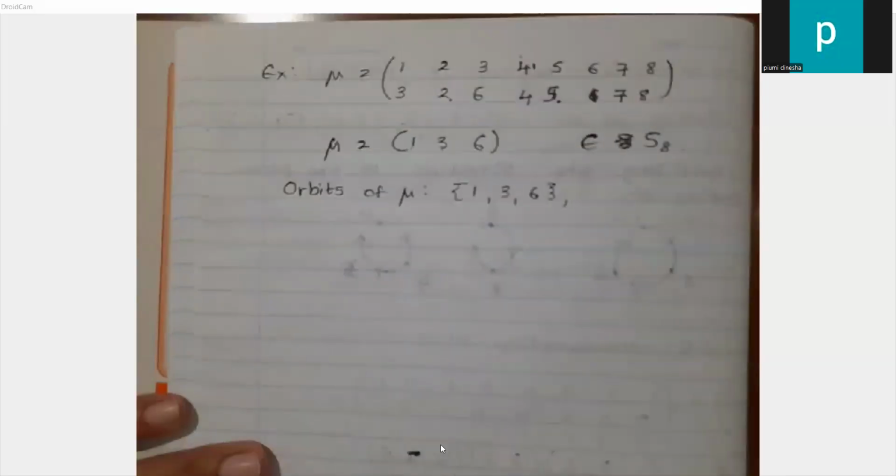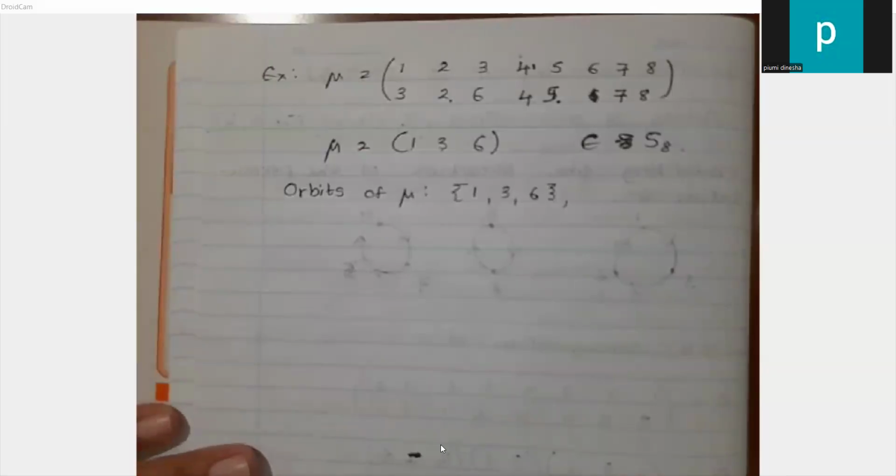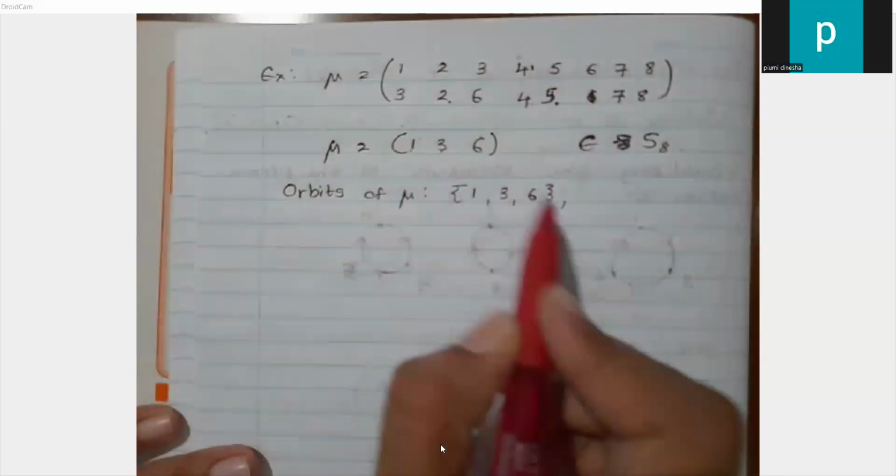So like I told you earlier, once you have the cycle decomposition, taking into account all these disjoint cycles, we can build the corresponding orbits. And every element in A, the set containing integers from 1 to 8, must belong to one orbit. 1, 3, 6 will belong in one orbit.